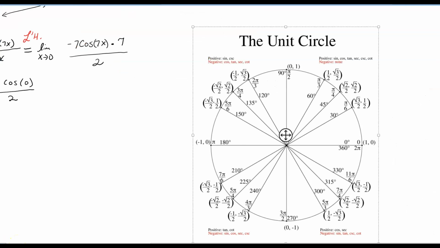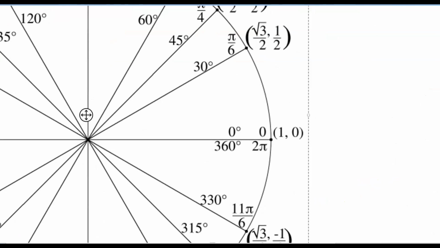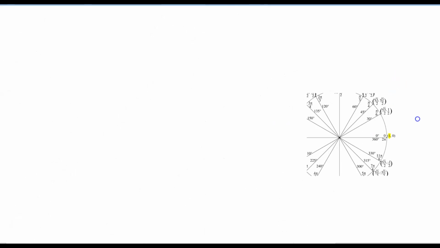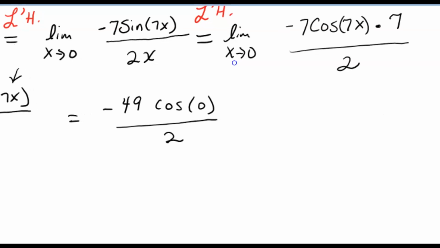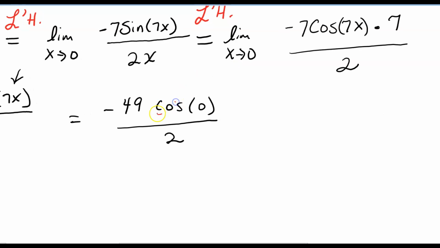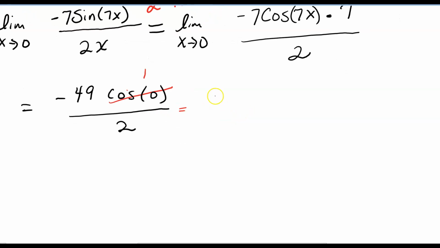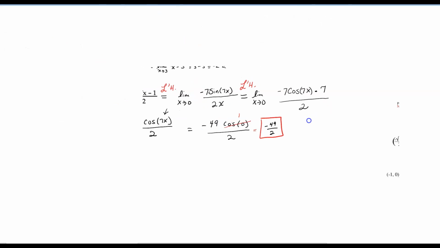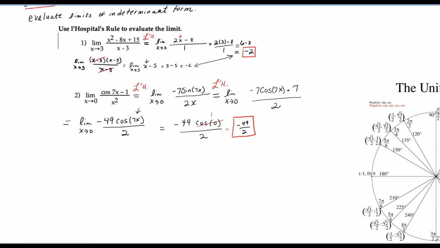As we zoom in here, the cosine of 0 is this value right here, 1. So the cosine of 0 is 1. If cosine of 0 is 1, then we are left with our answer, which is -49 over 2. And that right there is the answer for this limit of indeterminate form, applying L'Hopital's rule.